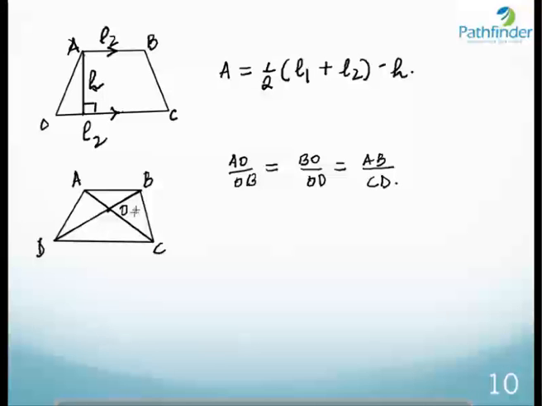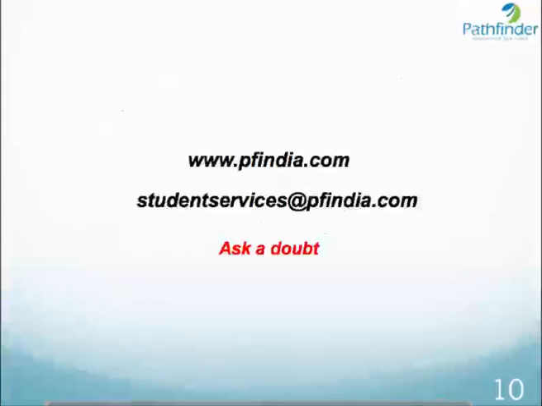So the ratio in which the diagonals divide each other is the same as the ratio of the parallel sides in a trapezium. Further, in a trapezium, the median is nothing but the line joining the midpoints of the legs. So if we have midpoints of the legs as E and F, E is the midpoint of AD and F is the midpoint of BC. Then EF is known as the median, and the length of EF is equal to half of AB plus CD.